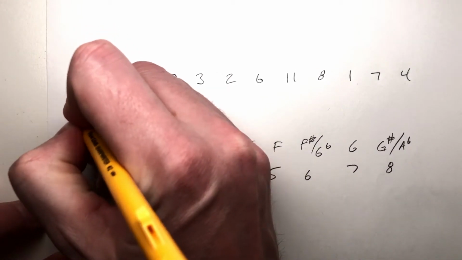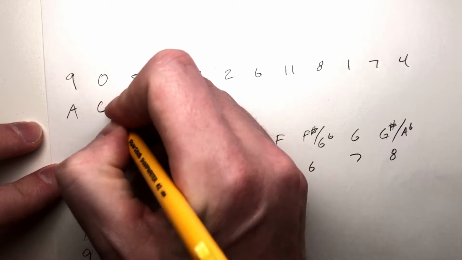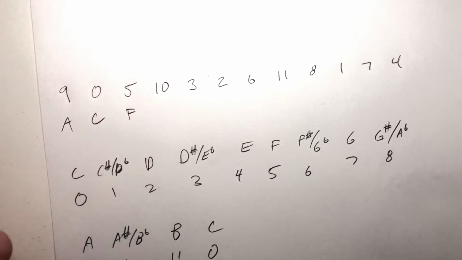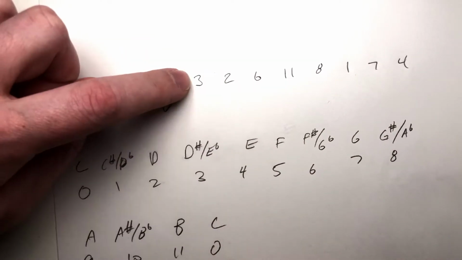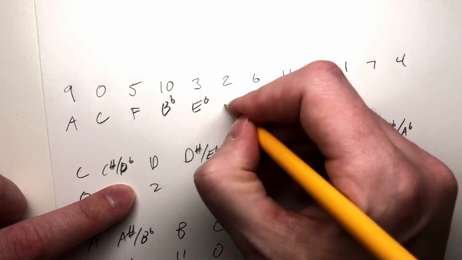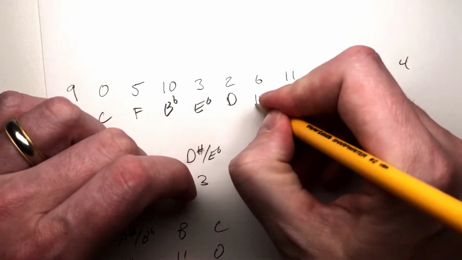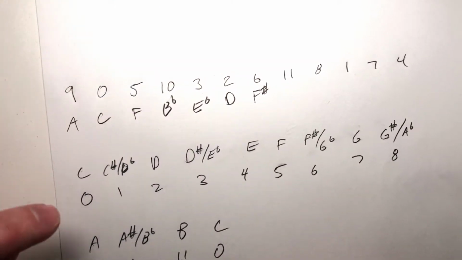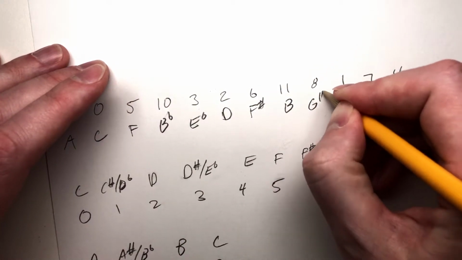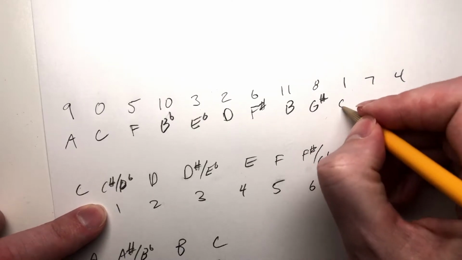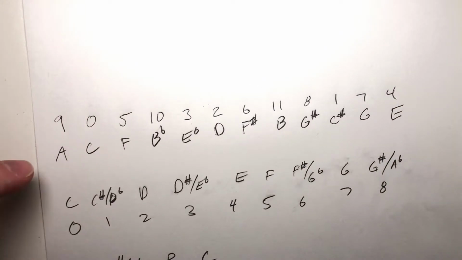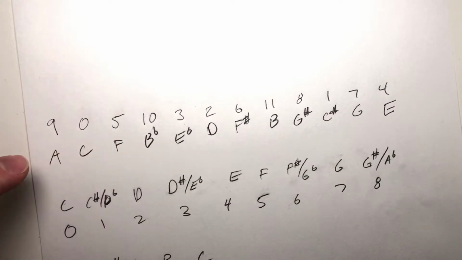So 9 is A, 0 is C, 5 is F, 10 is, let's go B flat, 3 is, let's go E flat, 2 is D, 6 is, let's go F sharp, 11 is B, 8 is, let's go G sharp, 1 is C sharp, 7 is G, and 4 is E. Make sure you have each note of the chromatic scale and no notes are doubled.